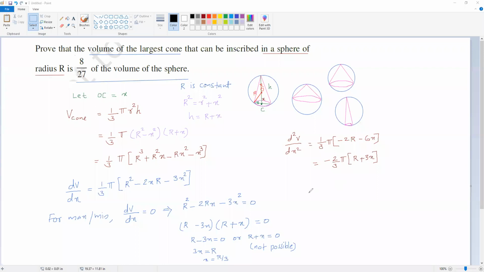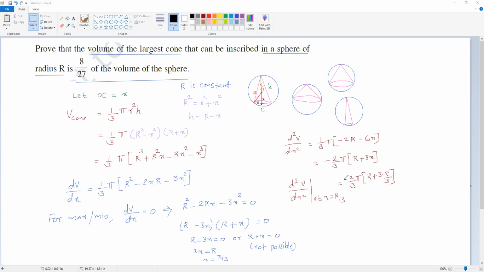Now, we have to find the second derivative, d square v by dx square at x is equal to r upon 3. So which is equal to minus 2 by 3 pi into r plus 3 into r upon 3. So 3 cancels, 2r comes. So 2r into 2 by 3 pi, whatever it is, into minus is there.